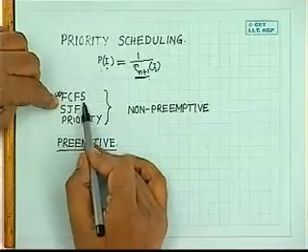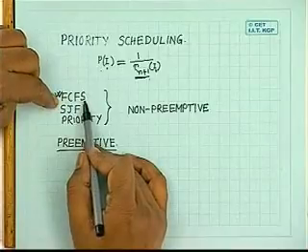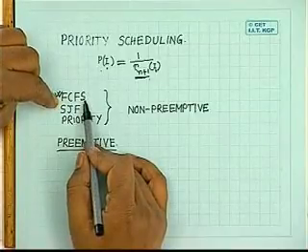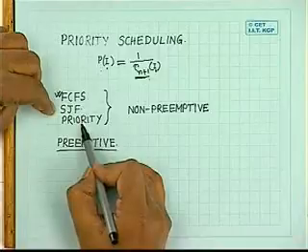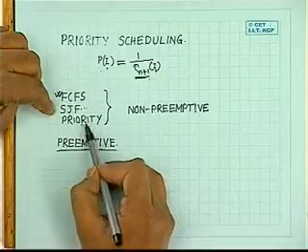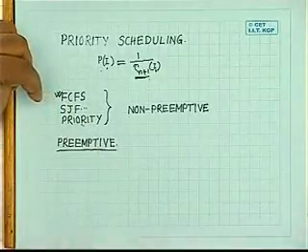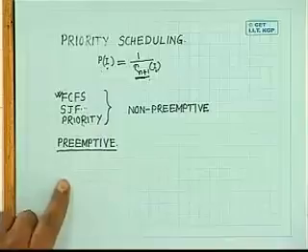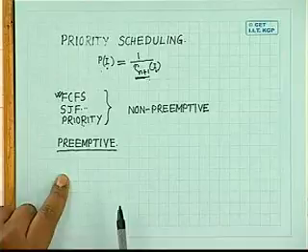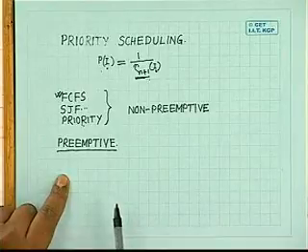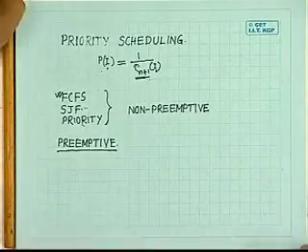So naturally, this first come first serve type of CPU scheduling cannot be preemptive CPU scheduling. Whereas the other two, shortest job first and priority scheduling, can be modified to get preemptive CPU scheduling. Okay? So how can that be done?